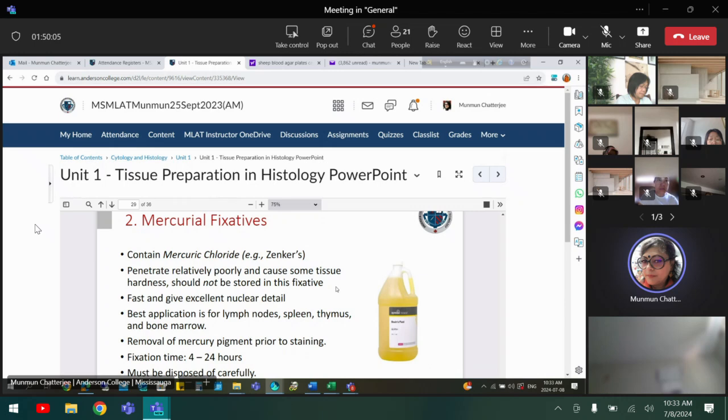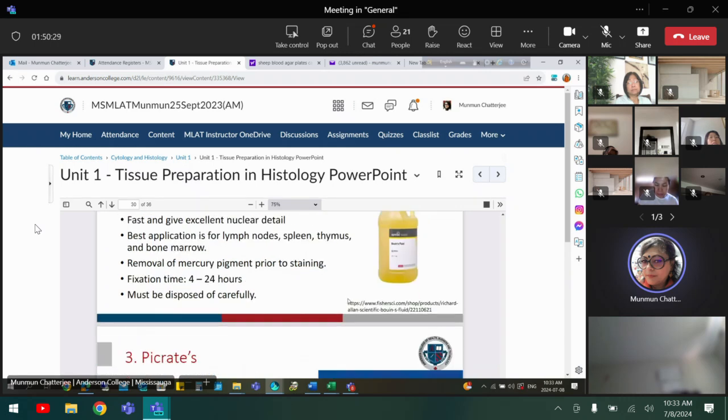Best application is for lymph nodes because they are very soft tissues, spleen, thymus, and bone marrow. The mercury pigment must be removed prior to staining, so before staining you have to remove the mercury through different washing steps. Its fixation time is 4 to 24 hours. Mercury must be disposed of very carefully.